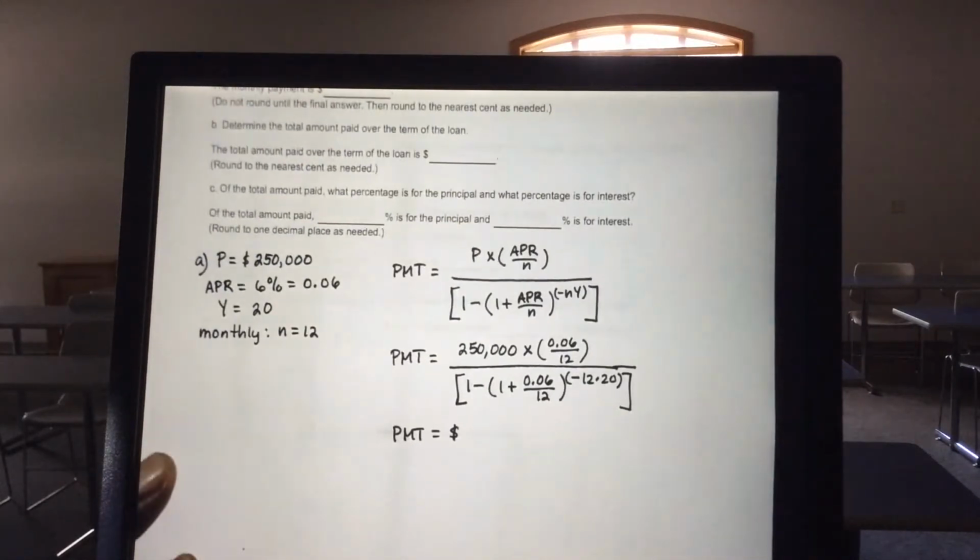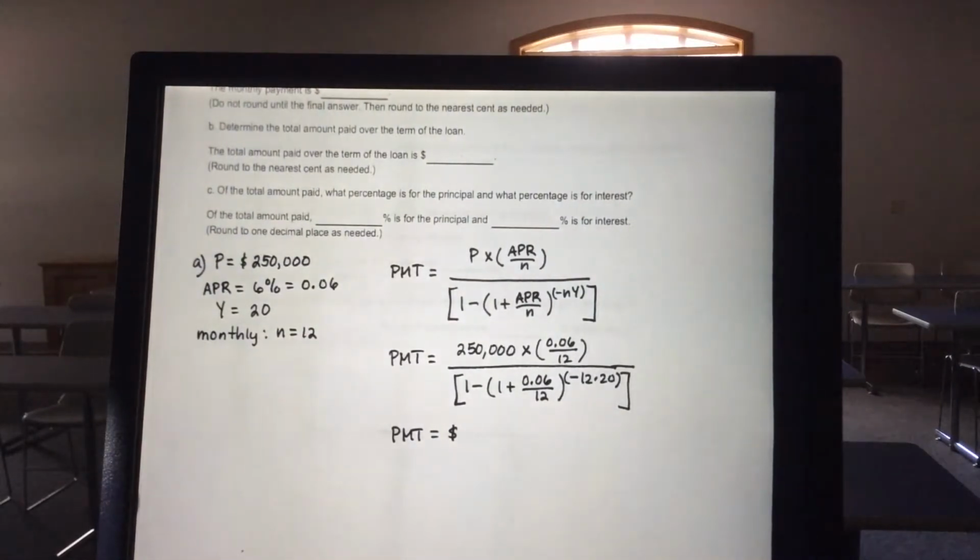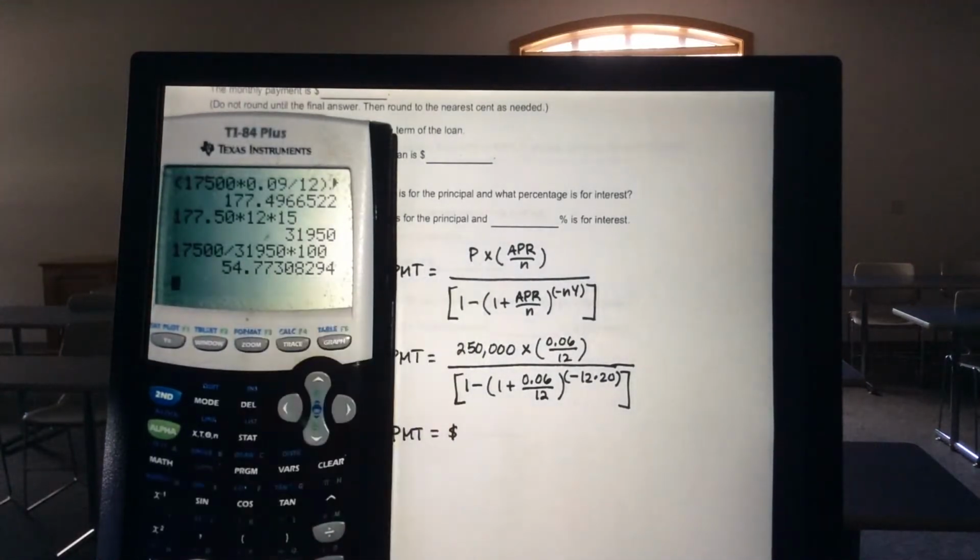Now in this case, we'll go ahead and type all that in the calculator. Here we got left parentheses, 250,000 times 0.06 divided by 12, close parentheses. And then that's going to be divided by, and then left parentheses, 1 minus another left parentheses, 1 plus 0.06 divided by 12, close parentheses.